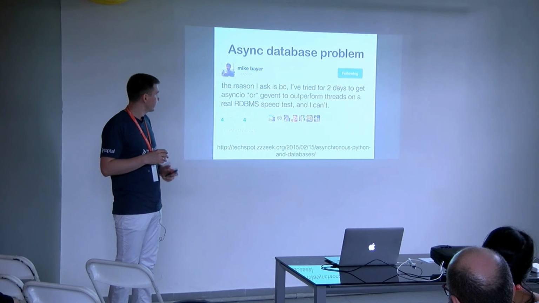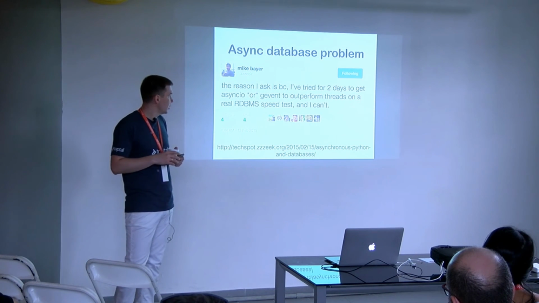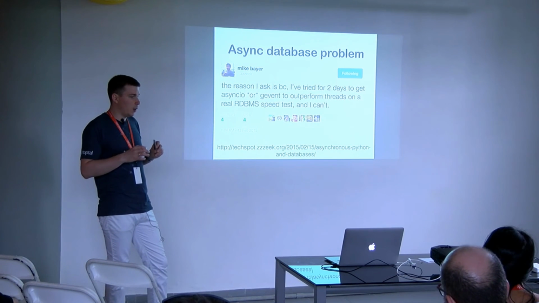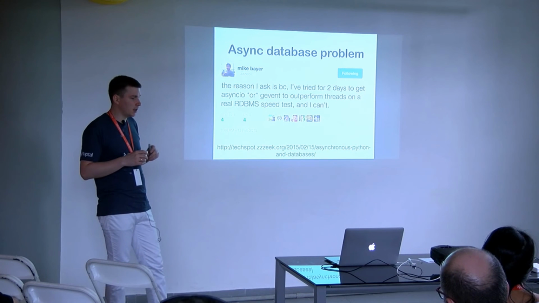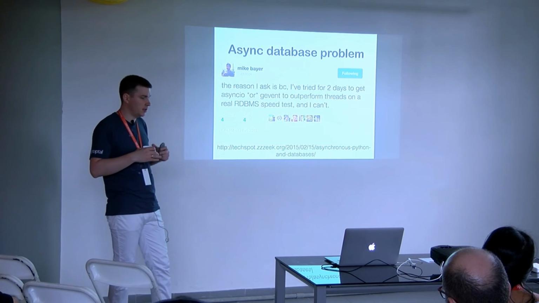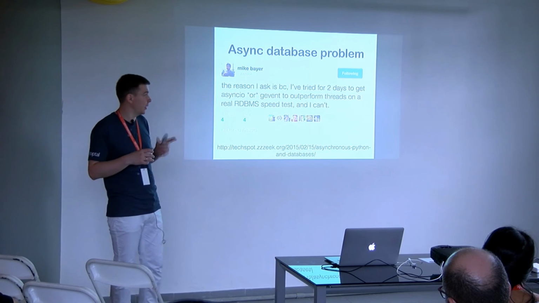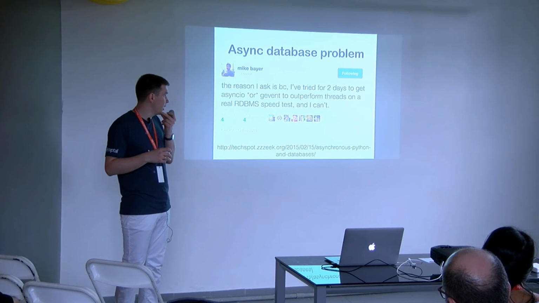Next part is about the reason why now we have lots of async database clients, especially after asyncio was created in Python 3.4, I think, and ported back to Python 2.